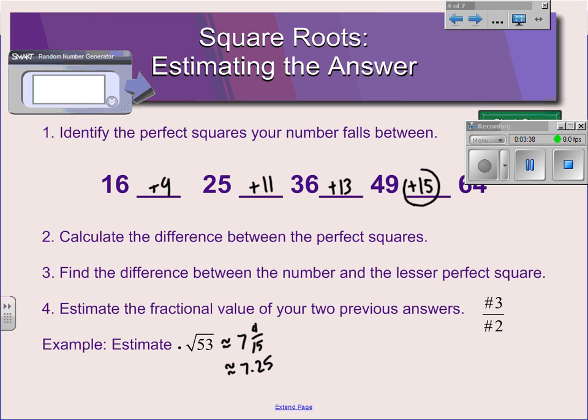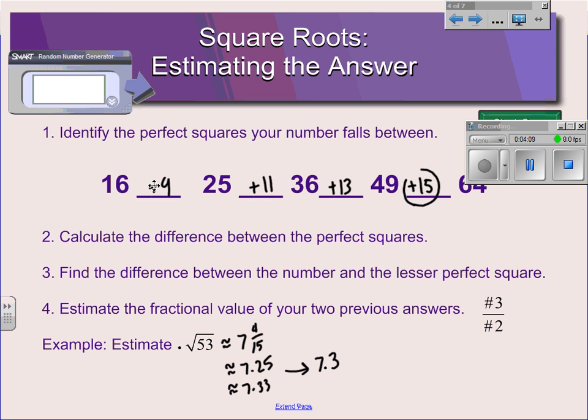Other kids will say it's really close to 5/15, which reduces to 1/3, and we know that's 0.33, so they might say 7.33. In either case, both of these to the nearest tenth would round to 7.3, and that's a really good approximation. If you do it on your calculator and round to the nearest tenth, you will see it's also 7.3. So you can get really close with this method. It's pretty clever.